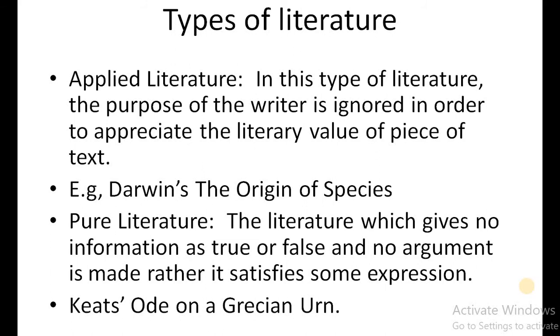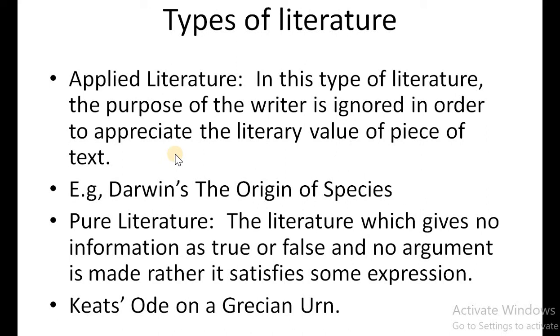On the basis of the types of literature, we have two distinctions: applied literature and pure literature. What is applied literature? As the name shows, it is the literature that you apply. In this type of literature, the purpose of the writer is ignored in order to appreciate the literary value of a piece of text.